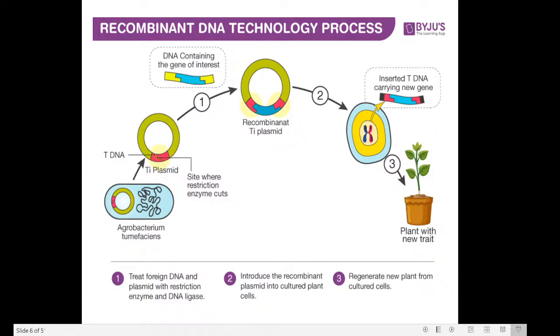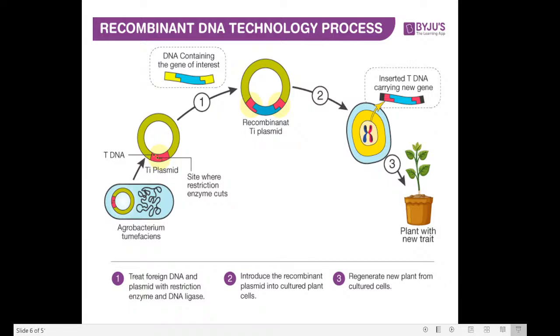Here the starting step is Agrobacterium tumefaciens. It's a bacterial system and it infects plants. Most plant researchers in molecular biology and genetic engineering widely use Agrobacterium.